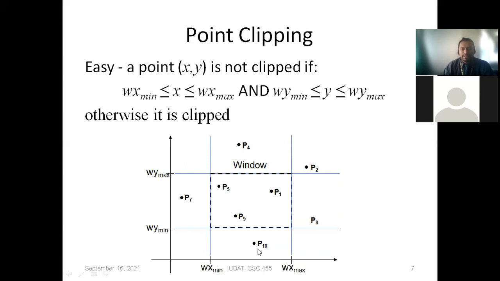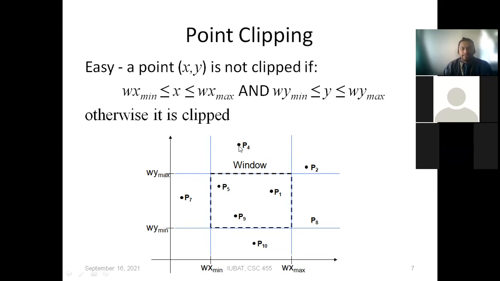You see, this is less than y minimum, that's why it is outside. But this one is greater than y minimum but less than y maximum. If it is, then only can we understand that those points should be inside the clipping window and will be retained. Otherwise, the other points will be removed.